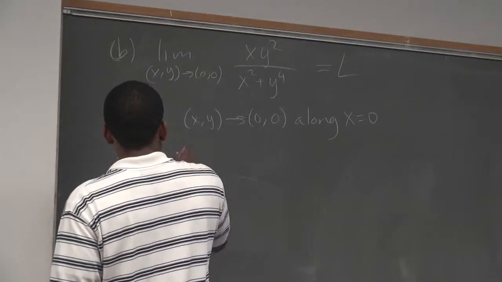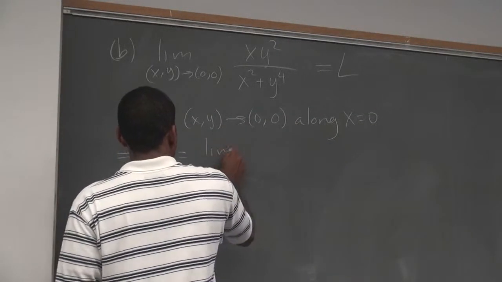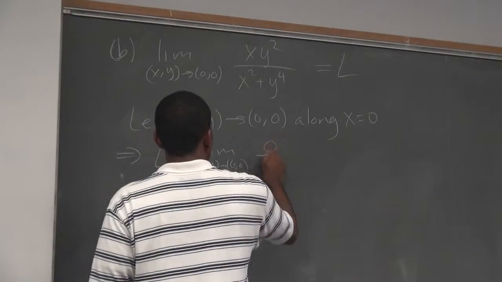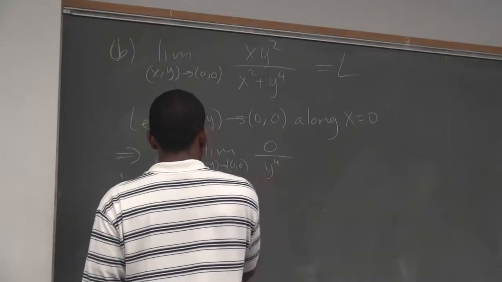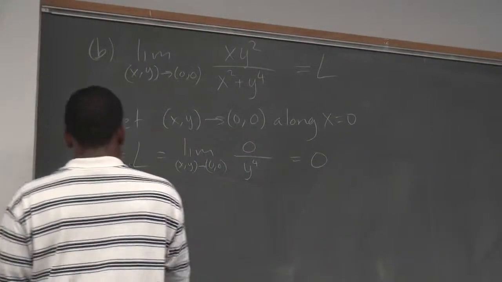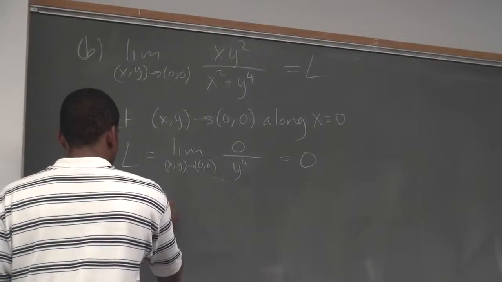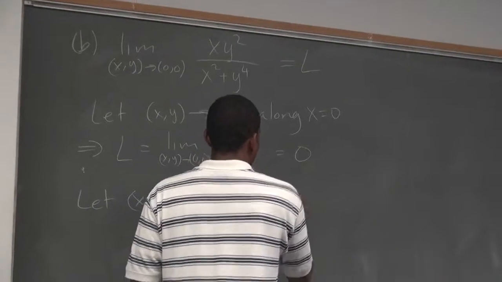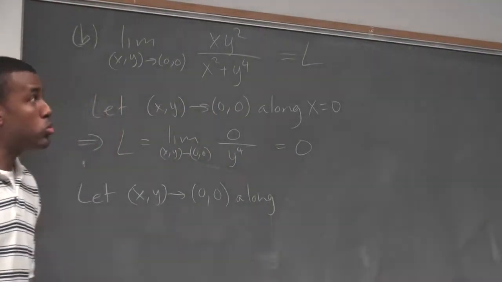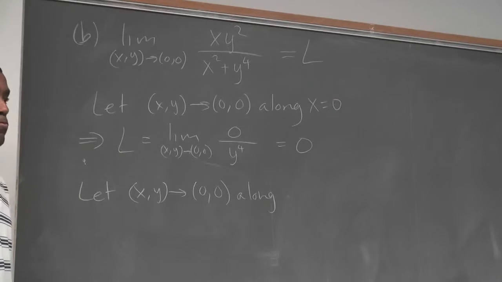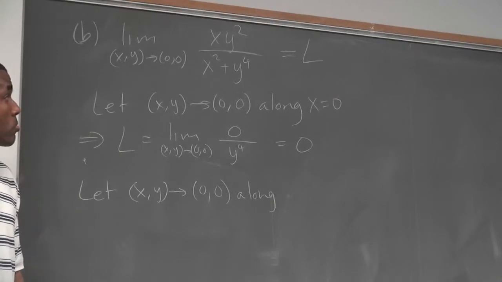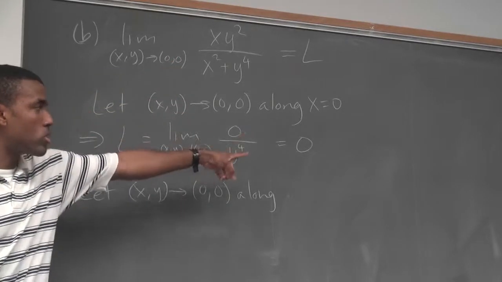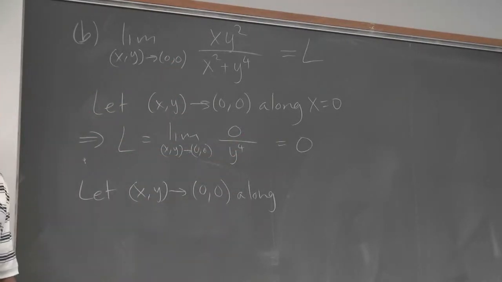Then this would mean that your limit, if it exists, is just the limit as (x,y) approaches (0,0) of 0 over y to the 4th, which is 0. Okay, now what path do you choose? y equals 0 would actually give you 0 over x squared, which is also 0. So y equals 0 is not a good path.